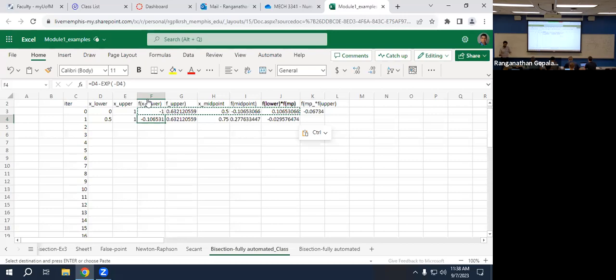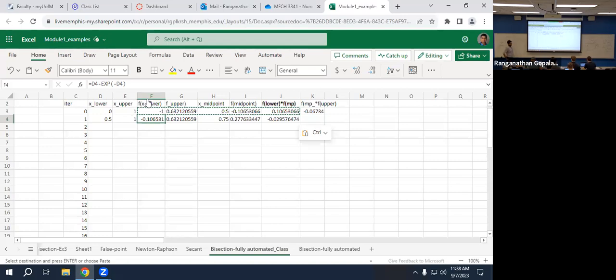Quick question. You look at 0.75, it's between 0.5 and 1. You look at the corresponding function values: minus, plus, plus. Intuitively, tell me where the root is. Is it between 0.5 and 0.75 or between 0.75 and 1? First one.